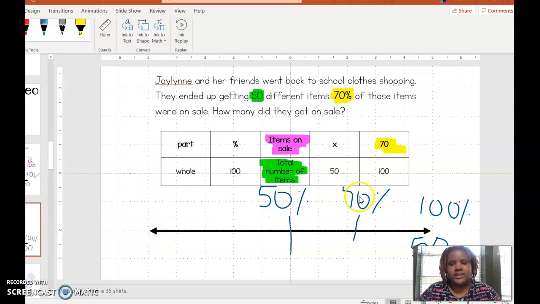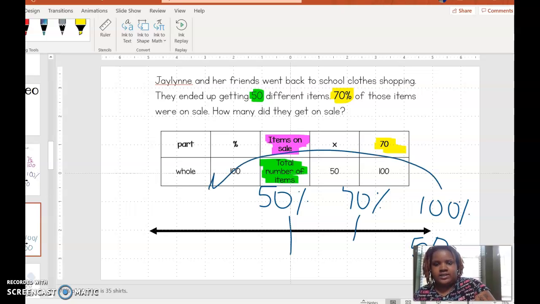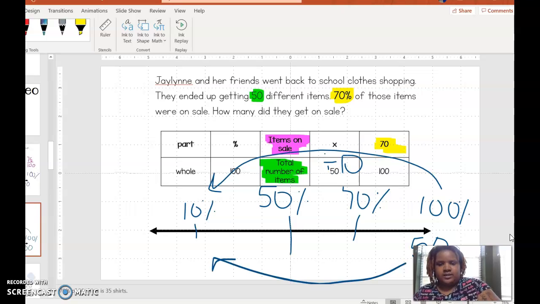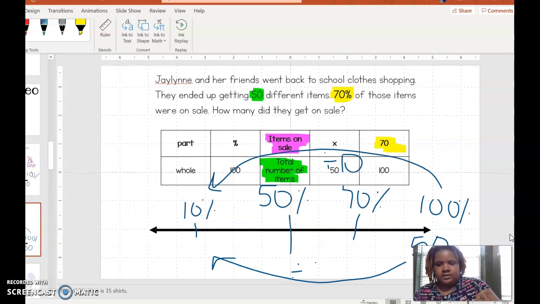But we're trying to find 70. So I'm going to try to get to 10% because I just want to do 10 times 7, and that's 70. I know that 100 divided by 10 is 10. Remember your factors of 100. Then whatever I do to the top, I have to do to the bottom. So 50 divided by 10 is 5.